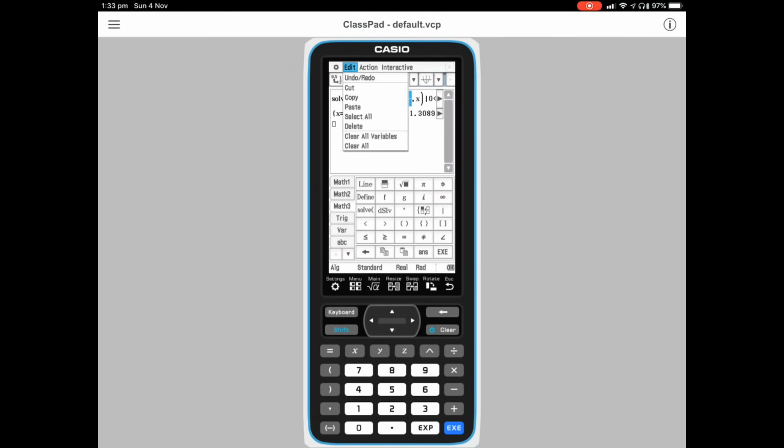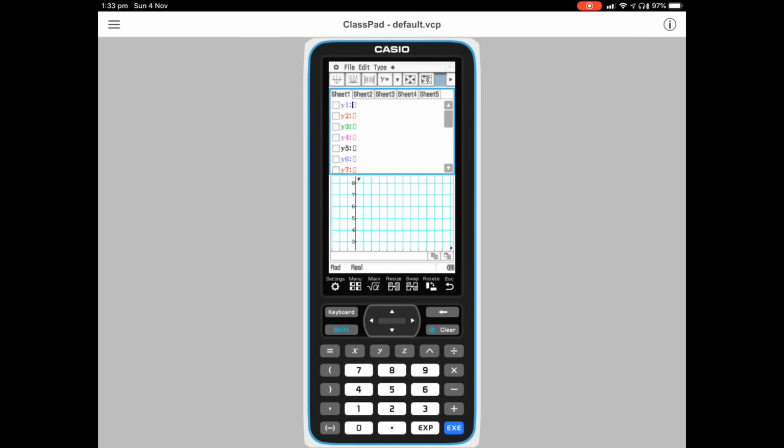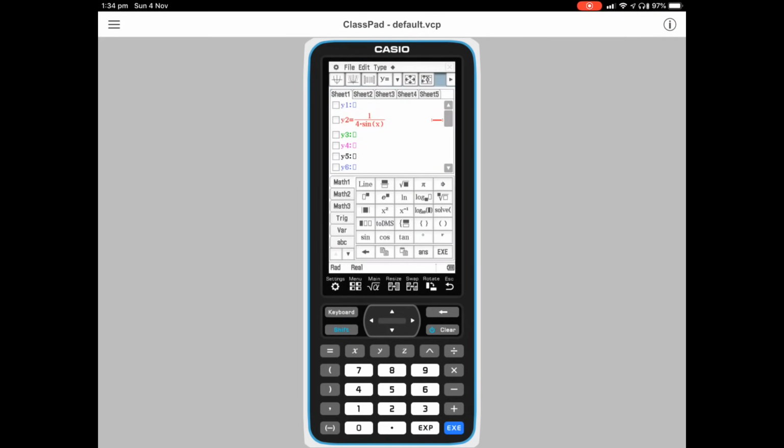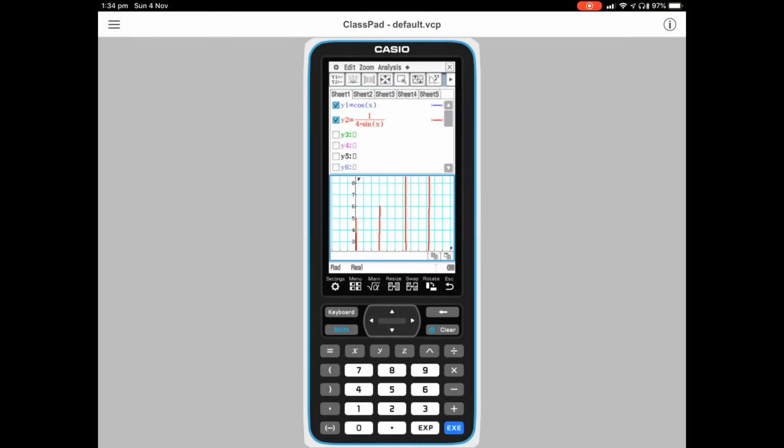So the one is going to be cos x. Paste cos x. Zoom, initialize.